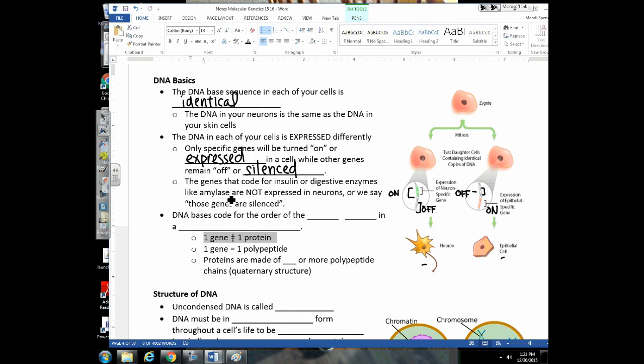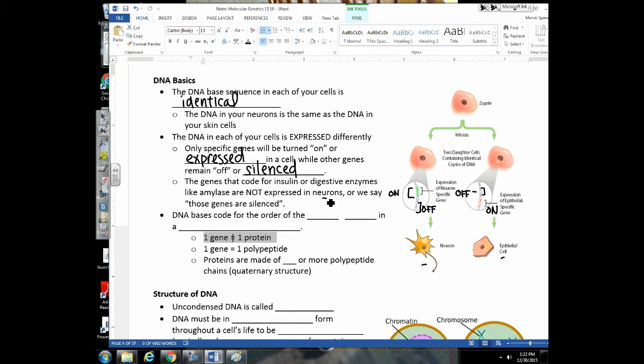So if we think about this neuron, or nerve cell, it contains genes that code for insulin and digestive enzymes, but it should make sense that those genes are going to be silenced, or turned off, because a neuron has no need to produce insulin or digestive enzymes.